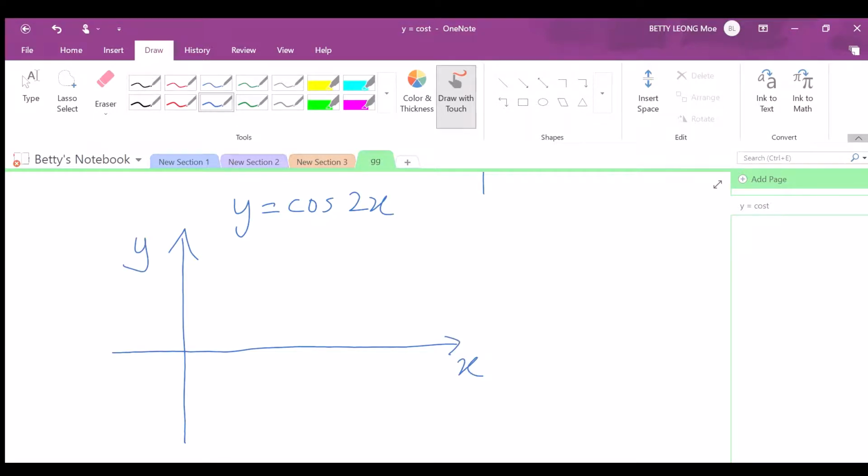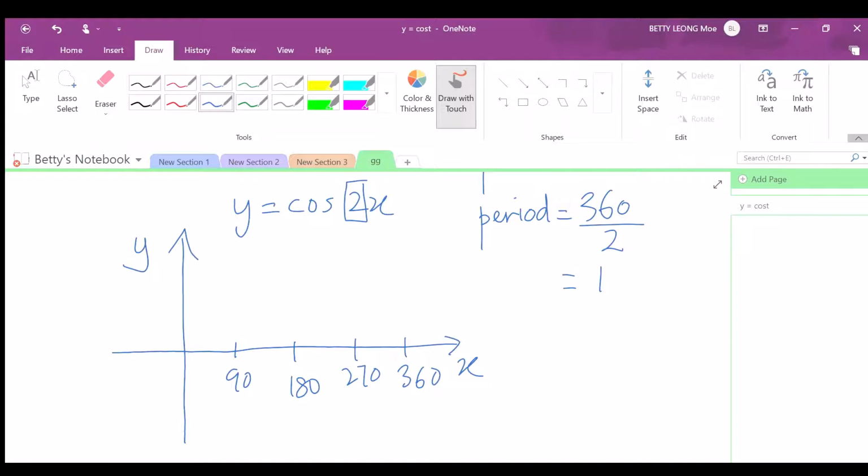So 360 here, you divide into 4 parts again, 180, 90, 270. So first you have to find the period. You know the formula. One complete cycle is 360, you divide with your b. Your b is 2, so you have 180.